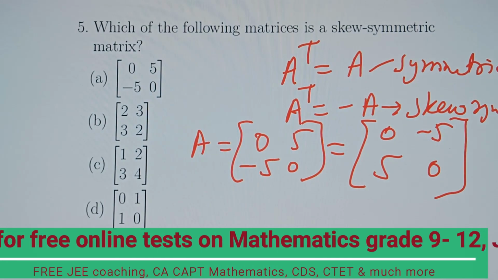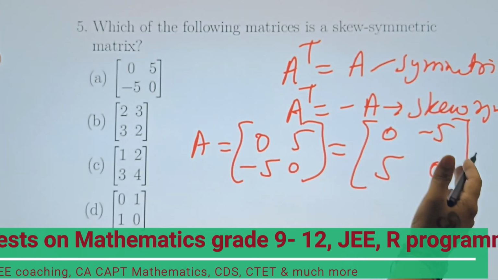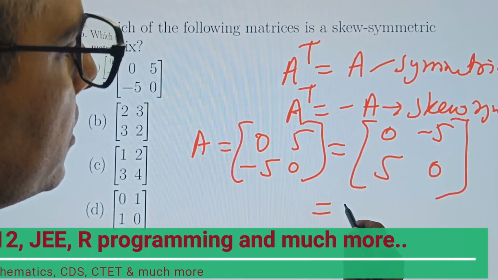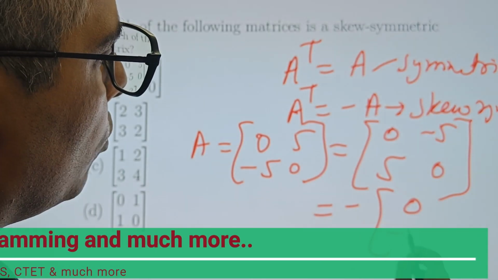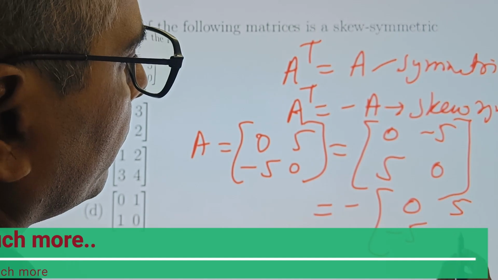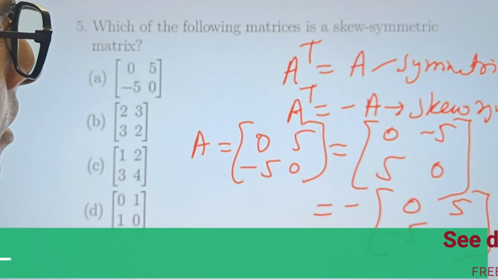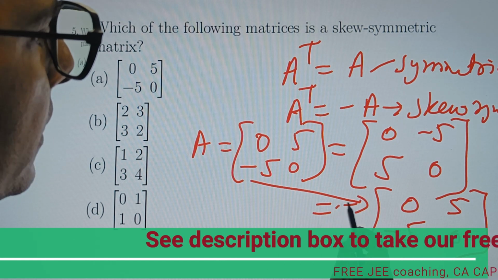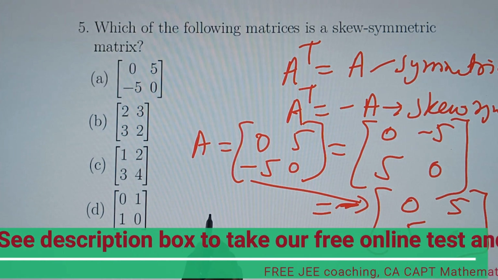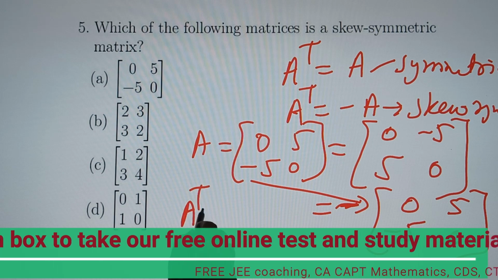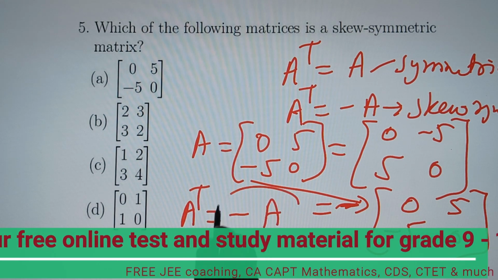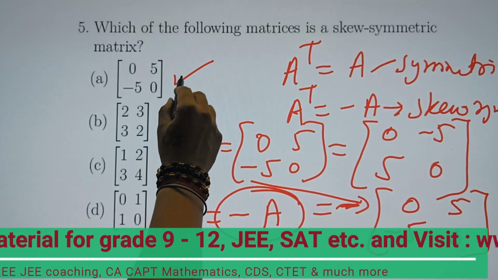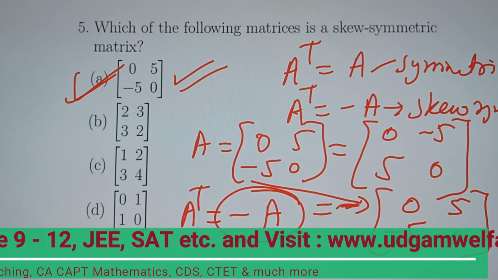Here we can see that if we take the negative common from the matrix, we can write it this way, negative of 0 minus 5 5 and 0, right? So this is basically A here, but the negative comes out, so we can say that A transpose is equal to minus A, and therefore this particular matrix is a skew symmetric matrix.